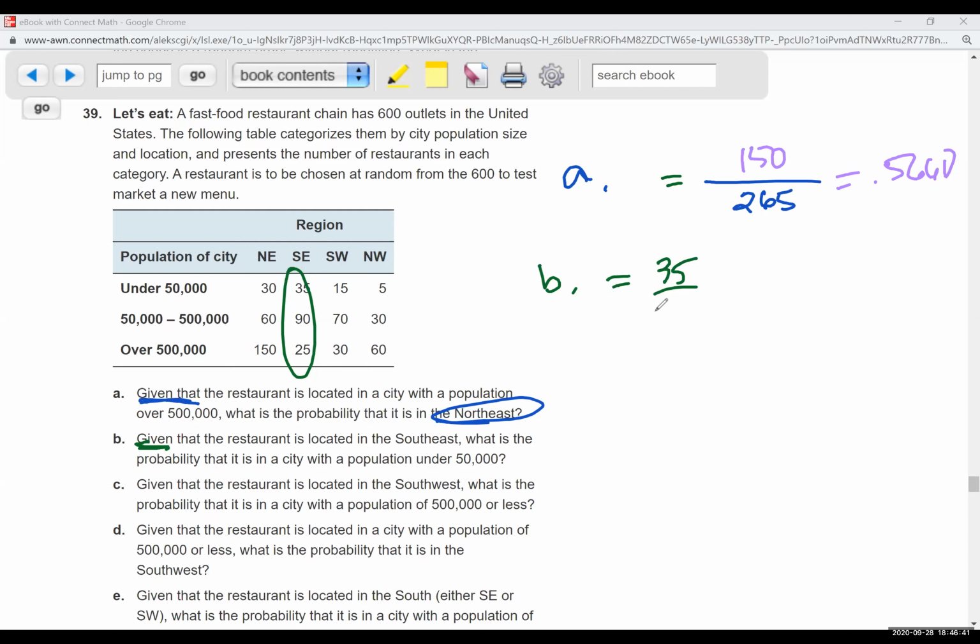Yeah, that is very good. So given that it is located in the Southeast, you just have to add all these three: 35, 90, 25 is 150. And then what is the probability of under 50,000? Under 50,000 and Southeast is 35. So the answer is 0.2333.